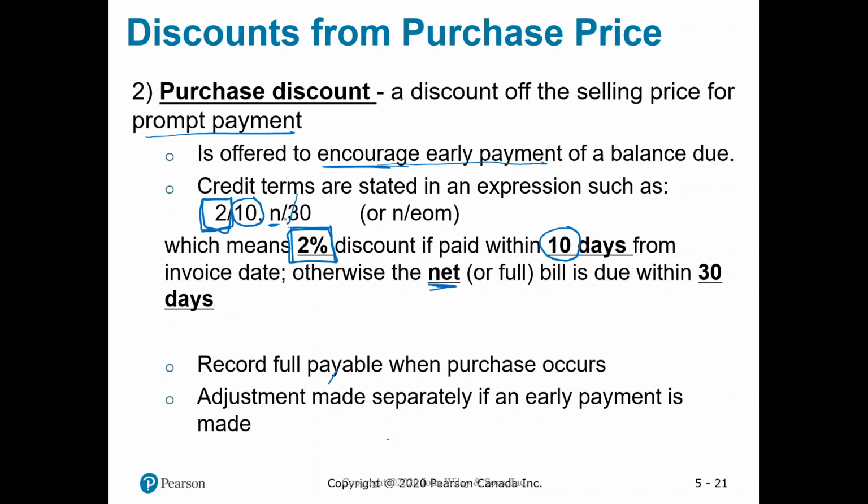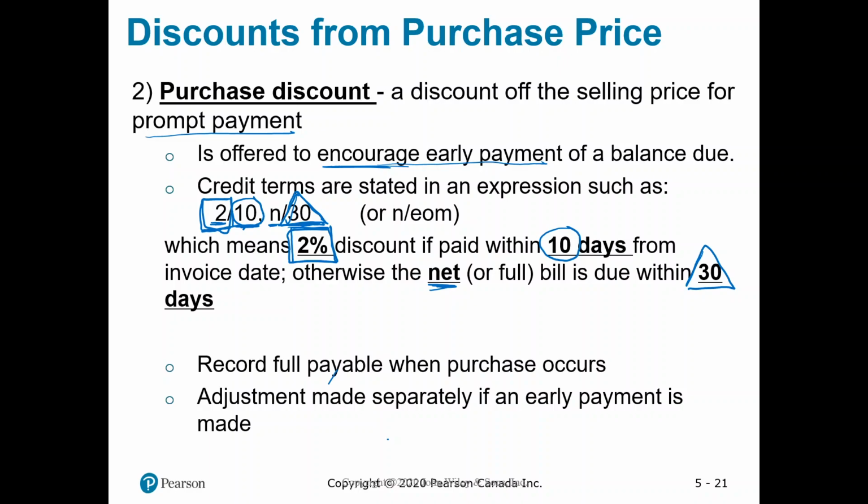And then the 30 is how many days it's overall due in. So regardless of whether you're paying early or not, it's due within 30 days. So again, you receive a 2% discount if you pay within 10 days. If not, the net amount is due within 30 days.